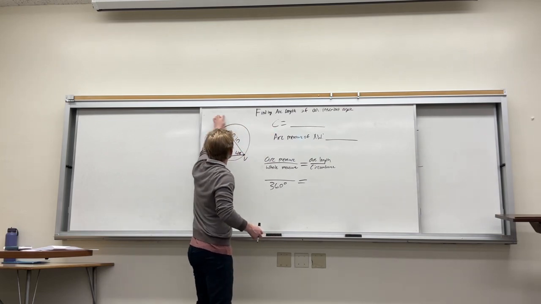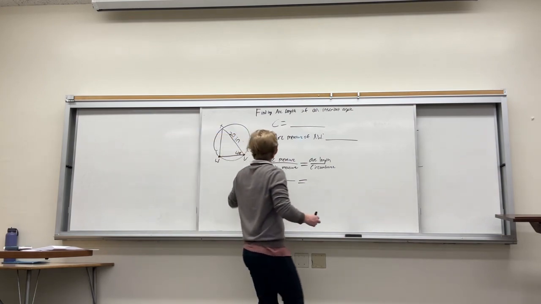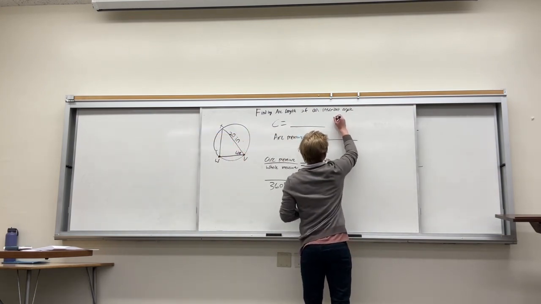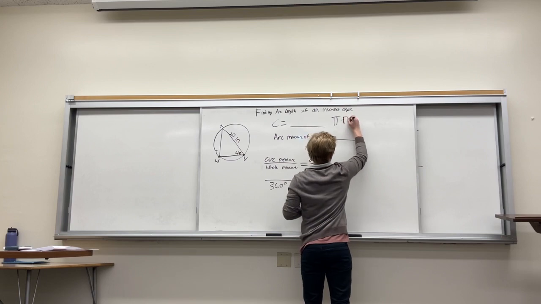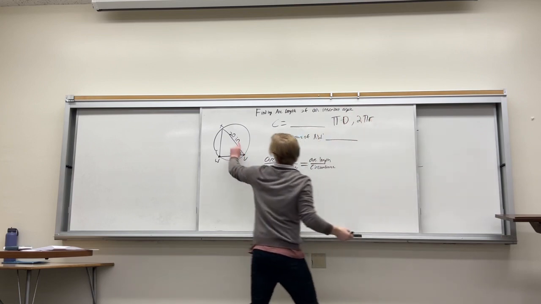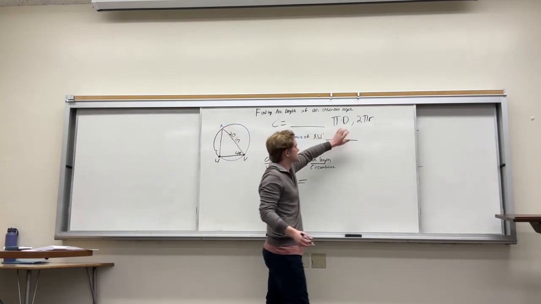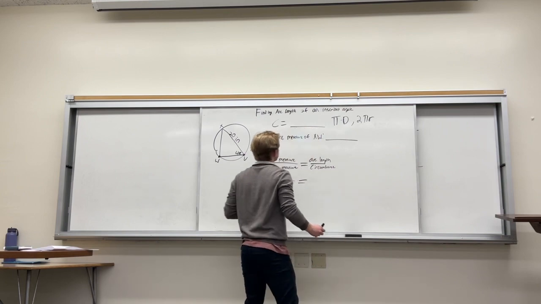So the circumference of the entire circle, so the distance around the circle. And since we're given the diameter, it makes the most sense to use pi times diameter. Now we can also use 2 pi r by dividing our diameter by 2, but I think it makes the most sense to use diameter here.